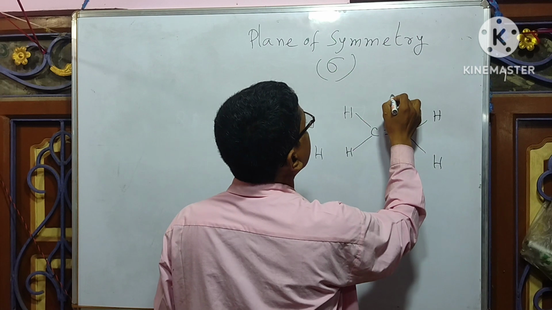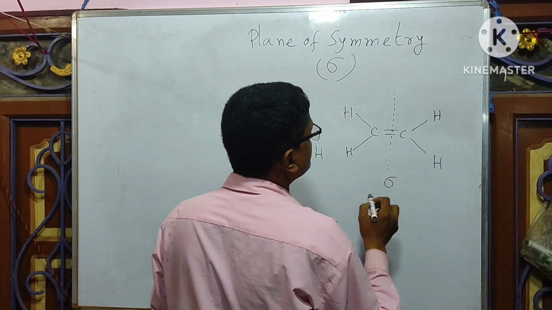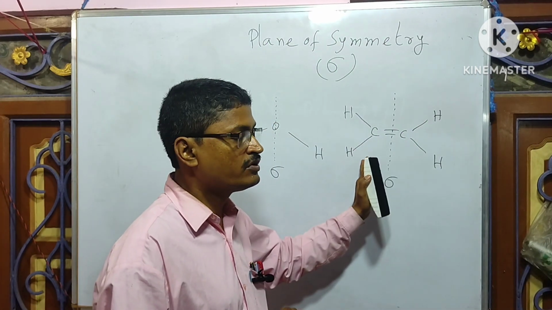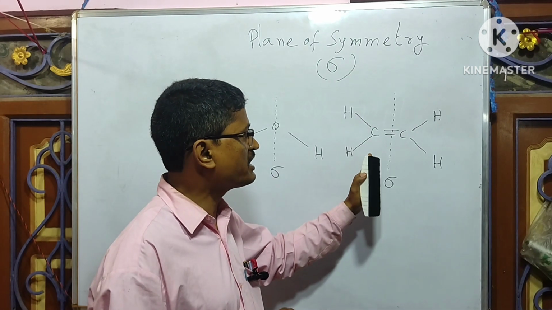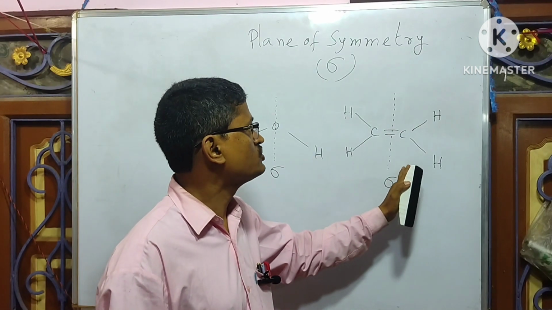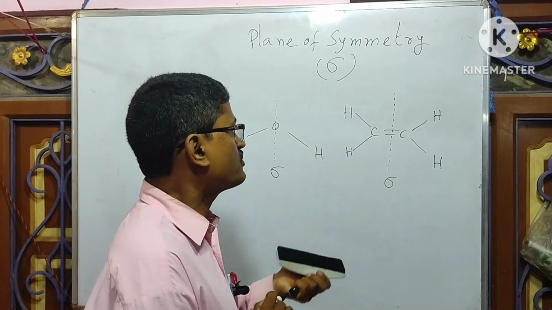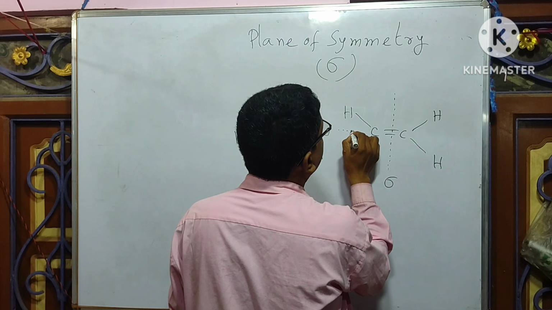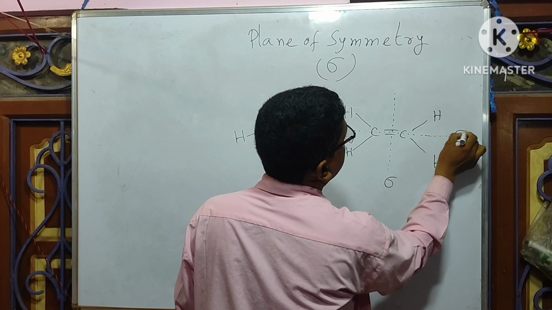If we consider a plane through this dotted line, then the plane will divide the molecule into 2 equal halves such that the mirror image of one half coincides with the other. So this molecule contains a plane of symmetry. Not only this dotted line, but another plane of symmetry is also possible along this dotted line.